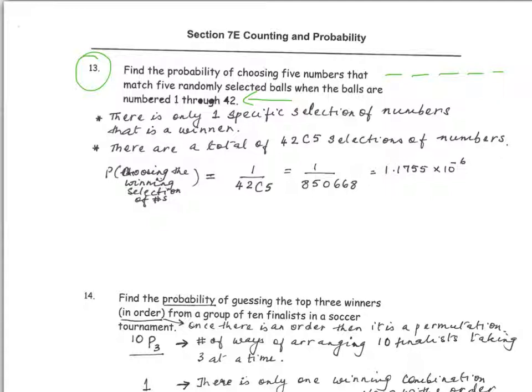We need to find the probability of choosing that one specific selection. So what is the total number of selections of five objects, five numbers, taking 42 at a time? So that is equal to 42C5.